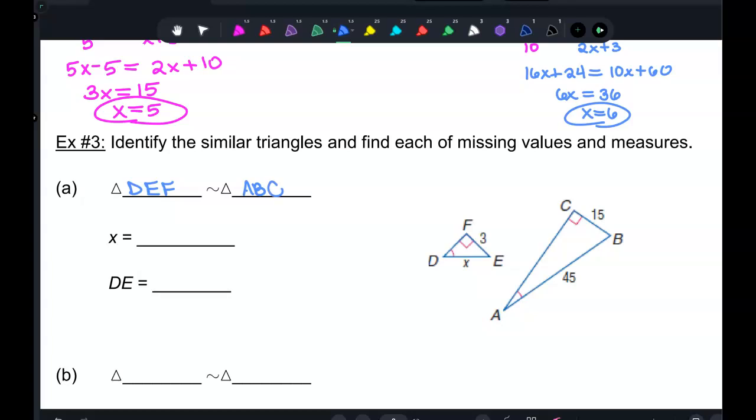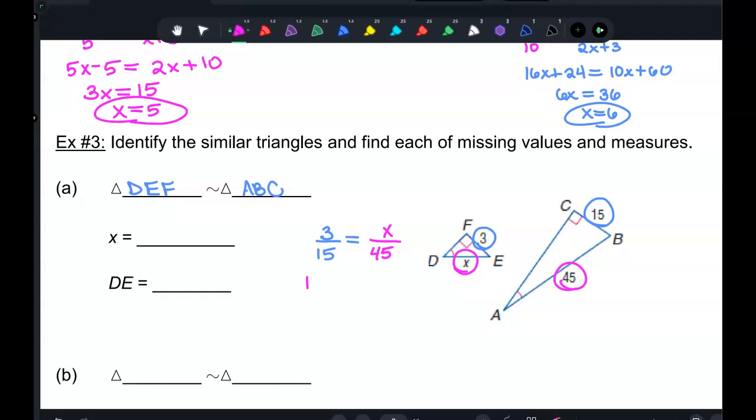And to solve for x, we're going to set up a proportion. So that means 3 corresponds to 15, the same as x corresponds to 45.